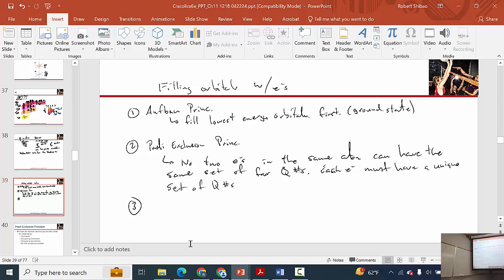The next thing we worry about is something called Hund's rule. Hund's rule just says this: degenerate orbitals are just same energy.